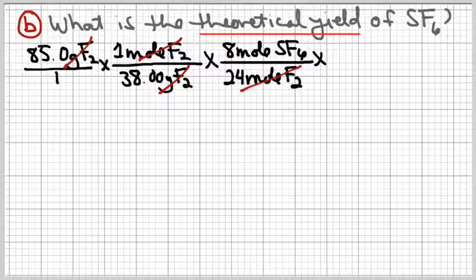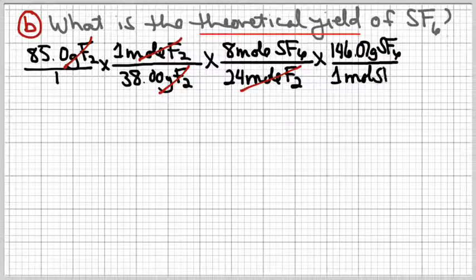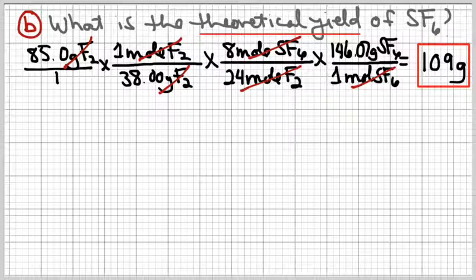And again, theoretical yield, if they don't specify otherwise, I'm going to get that in grams, so I've got to multiply by its molar mass. And I find that I predict we're going to get 109 grams of SF6.